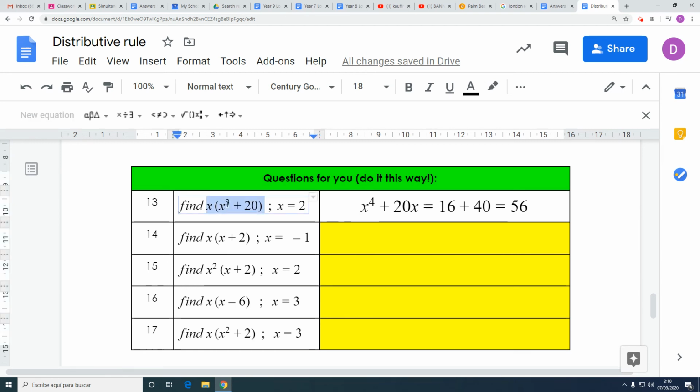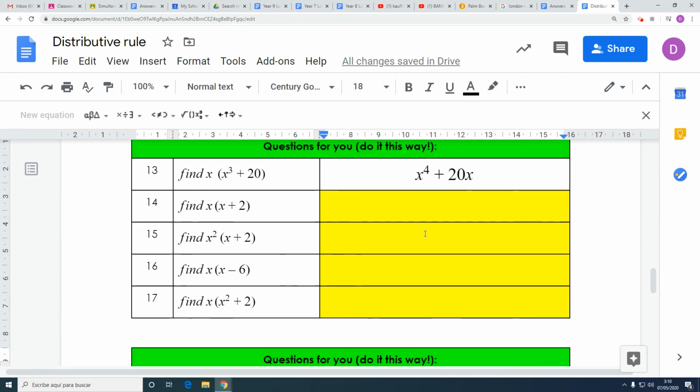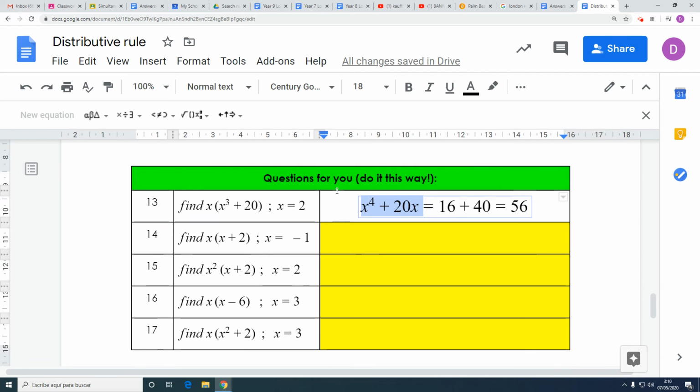Because we know that this equation here is the same as this equation here, because we worked it out in the same question in the table before. The only difference is now we know what x is. So we can put that 2 instead of the x here, or we could put it instead of the x there, because the two equations are the same. So choose whichever is the easiest, and then work out what number that is.